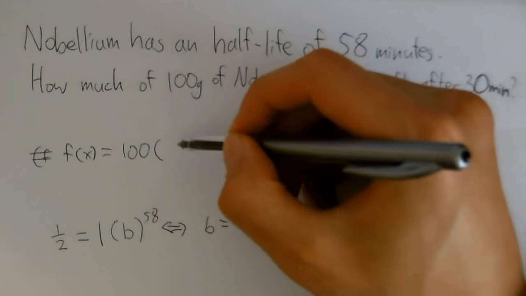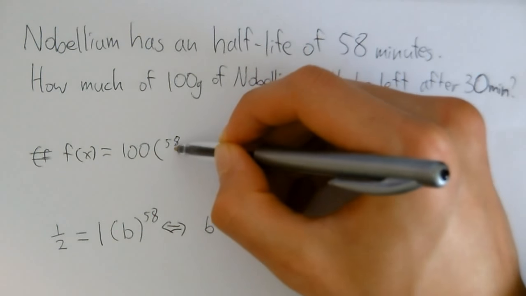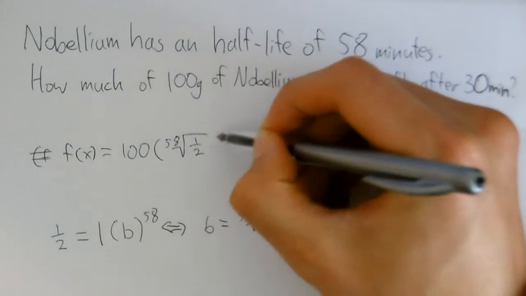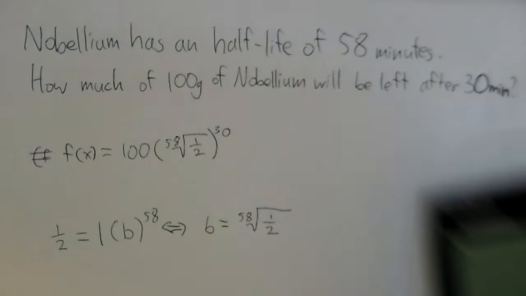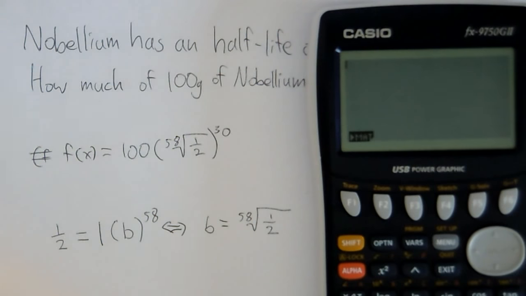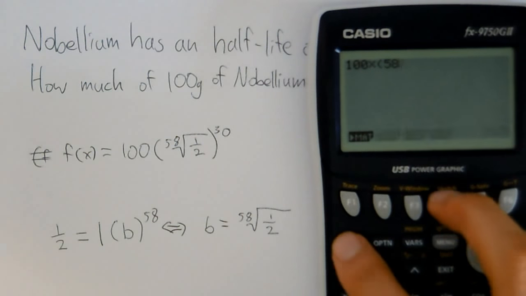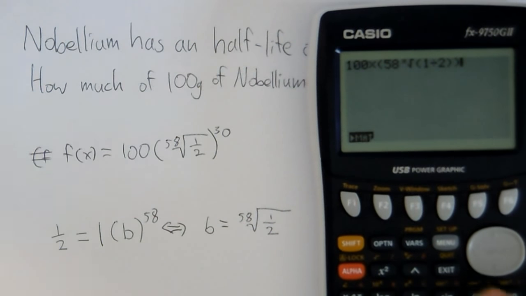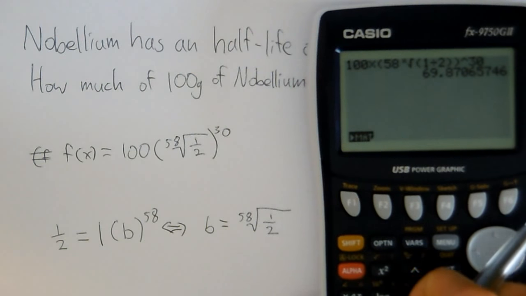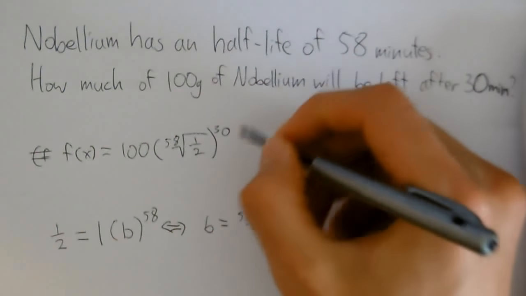So we can use this to find the answer. We need to know after 30 minutes. So if we use a calculator, we get 100 times the 58th root of 1 over 2, raised to 30, and we get about 70 grams.